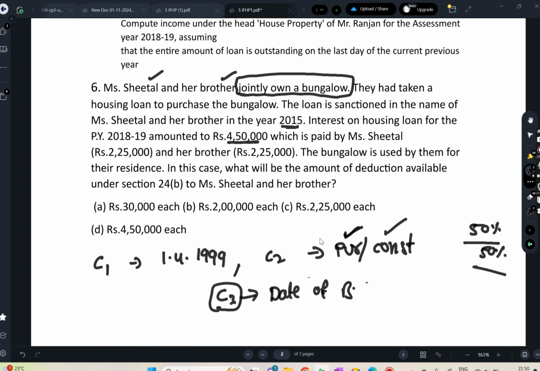In the financial year wherever you have borrowed, let's say 2017-18, count from the end of the financial year plus 5 years.